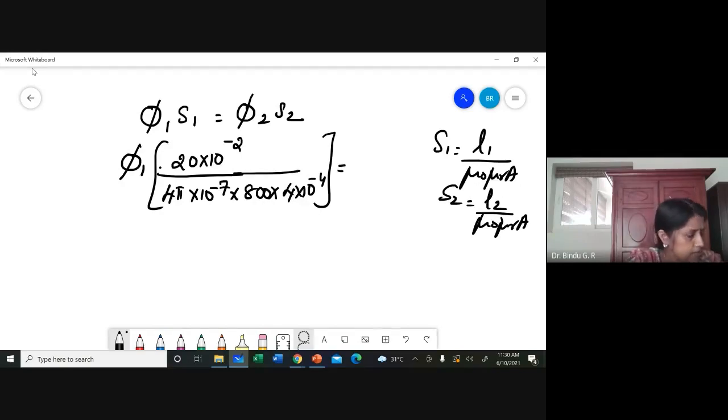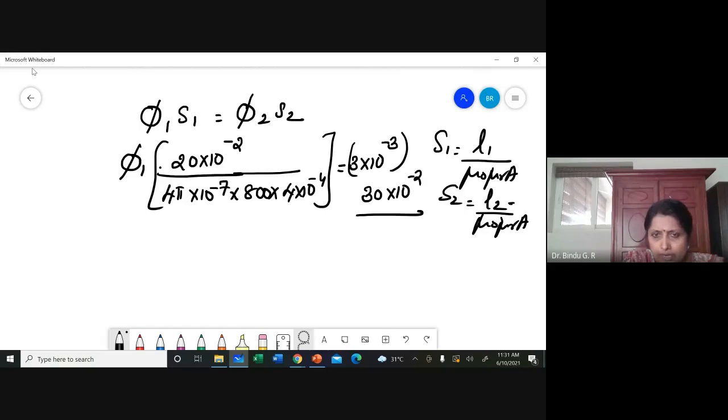Phi2 has been given as 3 into 10 raised to minus 3, into, what is the length L2? L2 is 30 into 10 raised to minus 2 divided by 4 pi into 10 raised to minus 7 into 800 into 4 into 10 raised to minus 4.